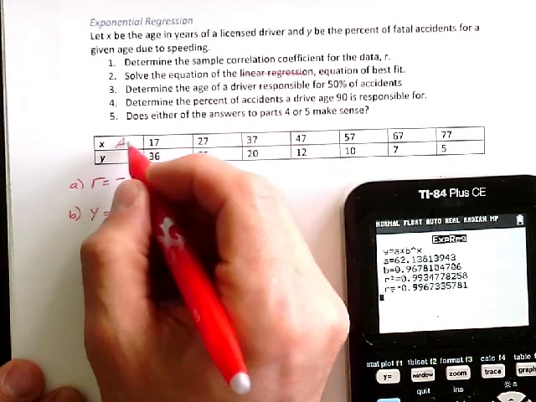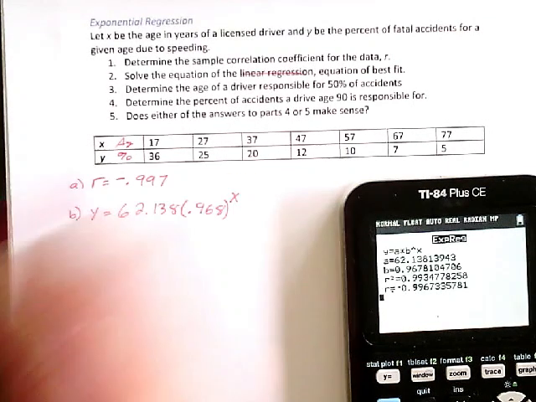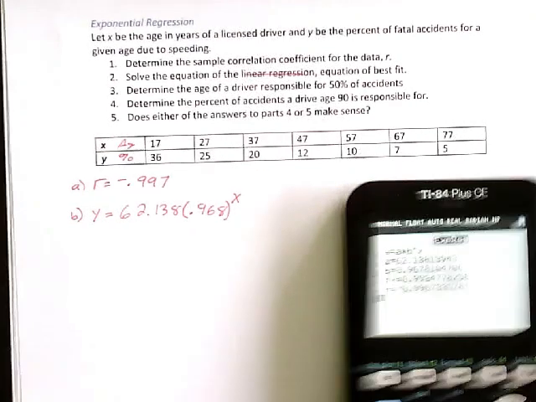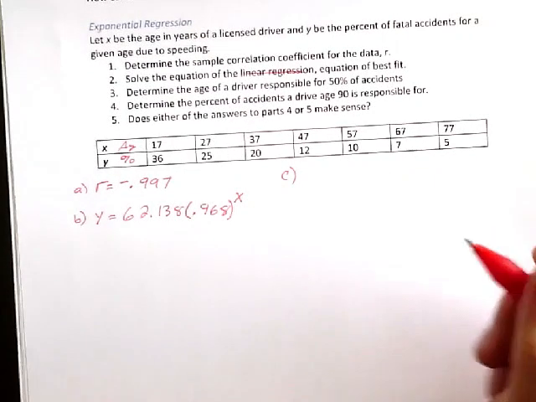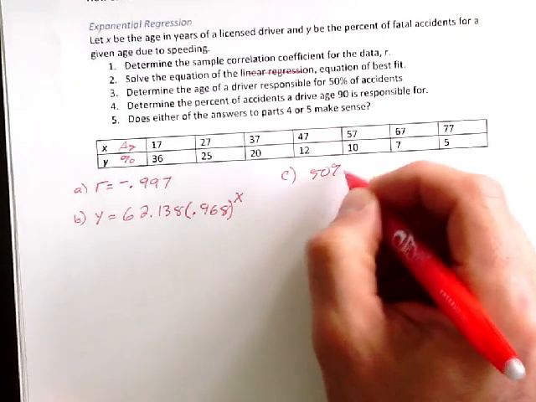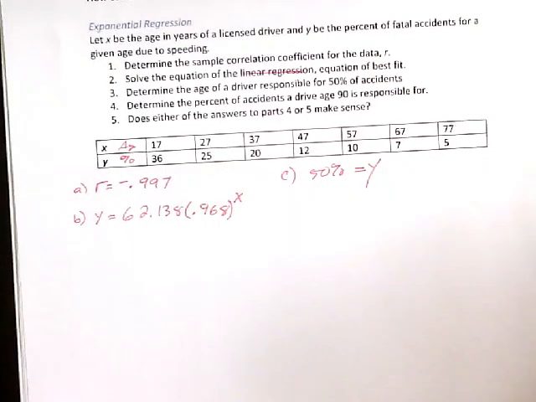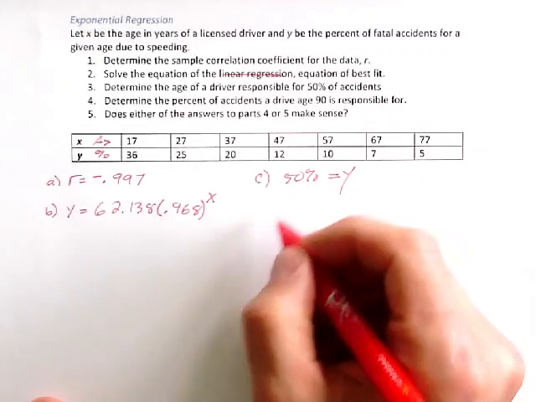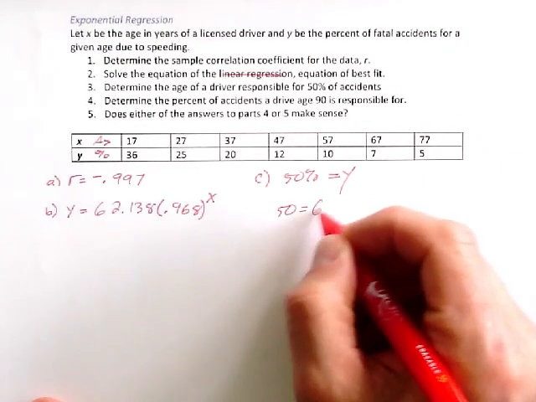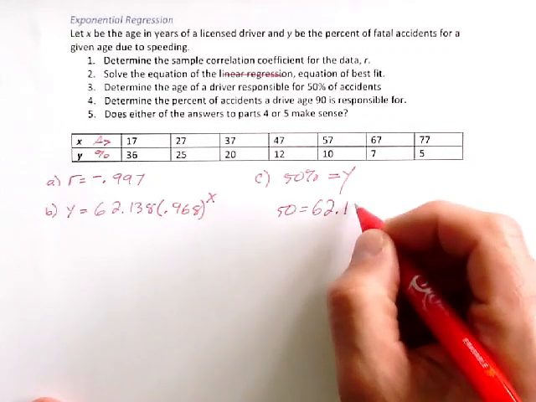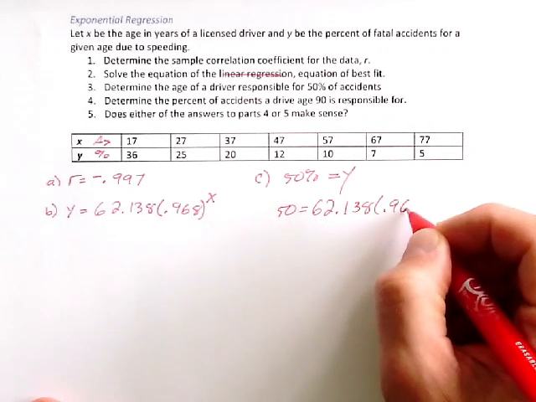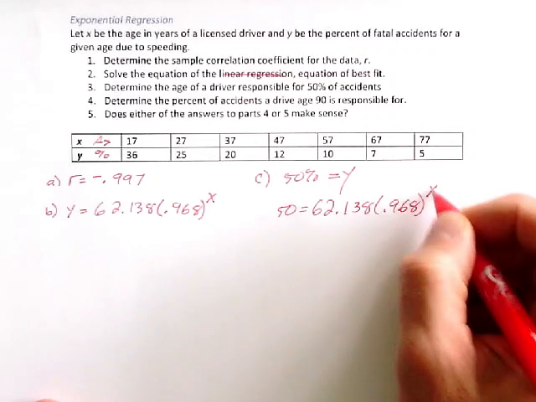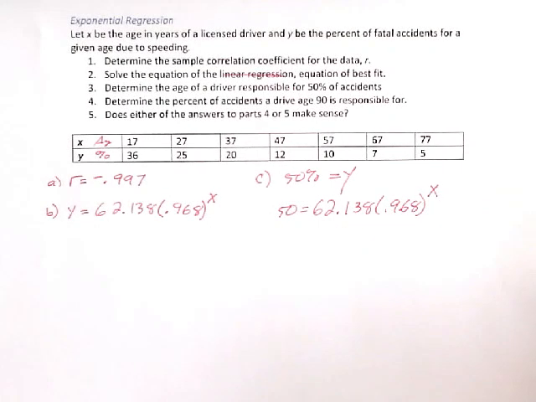All right, so remember, X is age, Y is percent. So now for part C, it says 50%, which means that's our Y value. So 50% equals 62.138 times 0.968 raised to the X.